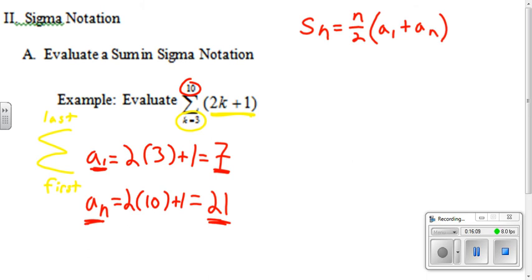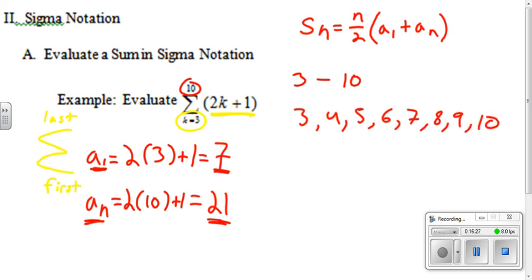Now we don't necessarily know yet how many numbers we have. We need that n, but we know that we start with 3 and we go all the way until 10. Well, how many numbers are there? That's 3, 4, 5, 6, 7, 8, 9, 10. There are 8 numbers that we're looking for.